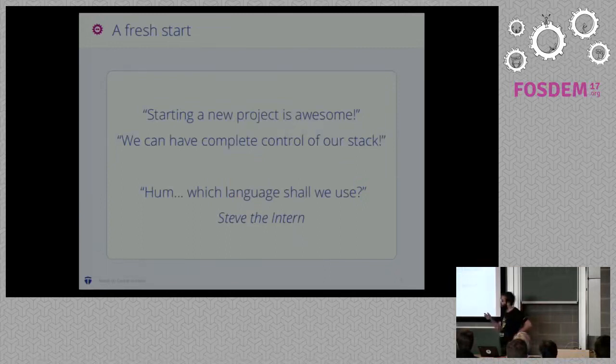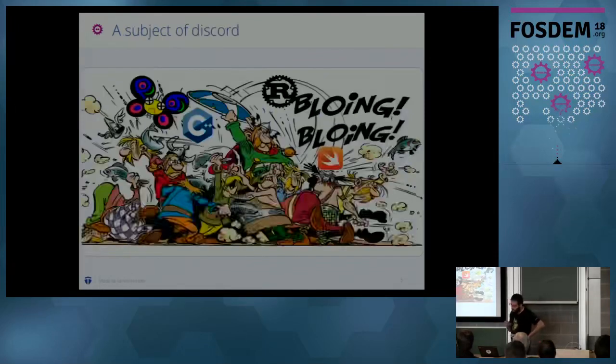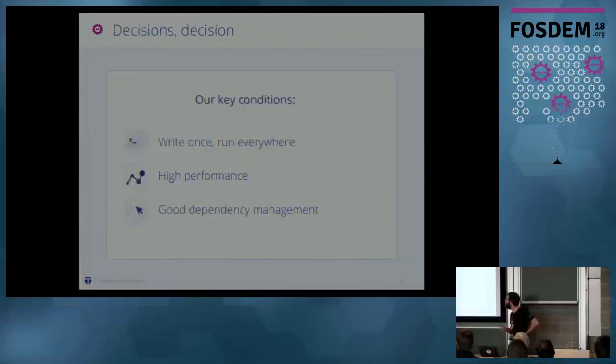So when we decided to develop the native version, everyone in the team was really excited because most of us are backend developers. But at one point someone asked, well, what language should we use? And then after a few days of constructive and intelligent discussions, we agreed on 3 key points that the language had to have.